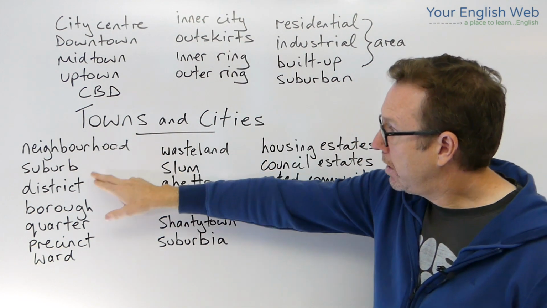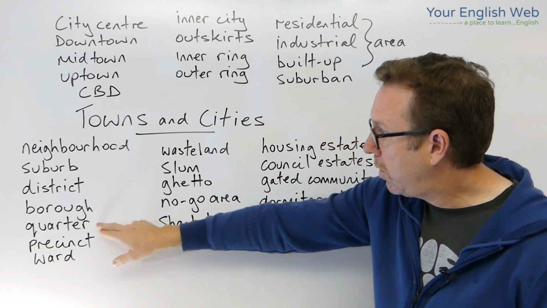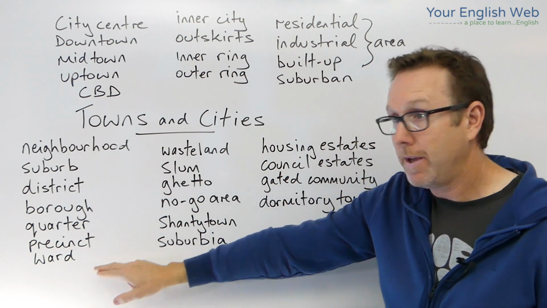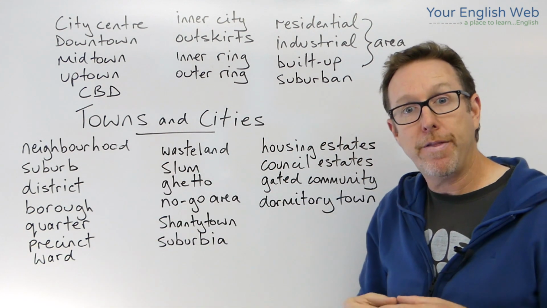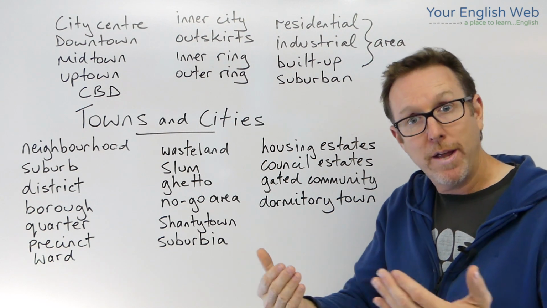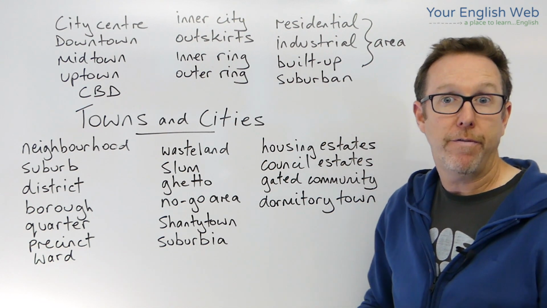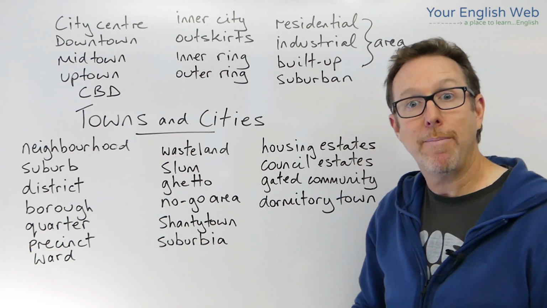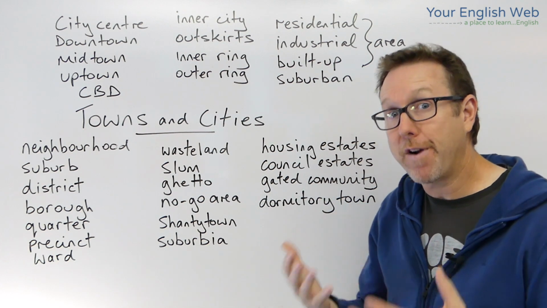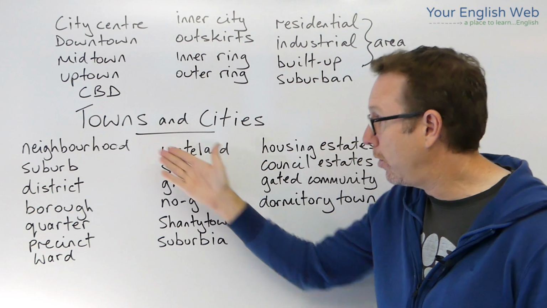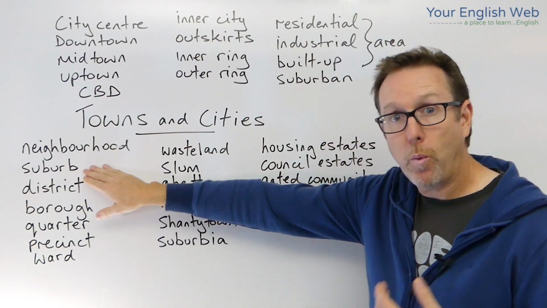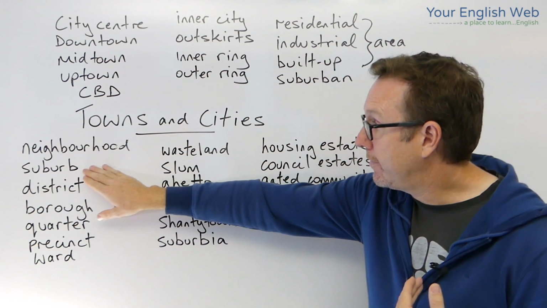Now, neighbourhood, suburb, district, borough, quarter, precinct and ward. Neighbourhood: the area that you live in is your neighbourhood. Maybe you have a neighbourhood school, neighbourhood shops, neighbourhood friends, okay, in your neighbourhood. Suburb: when I lived in Australia, I lived in a suburb called Carrinup.